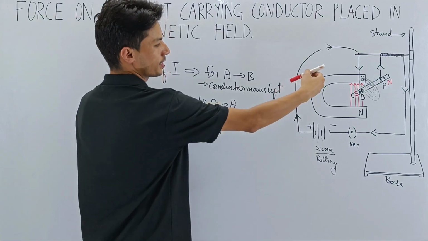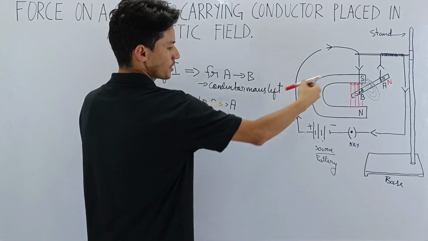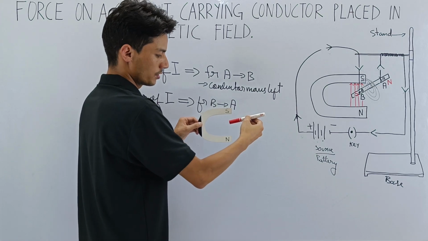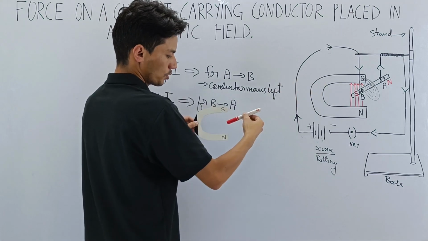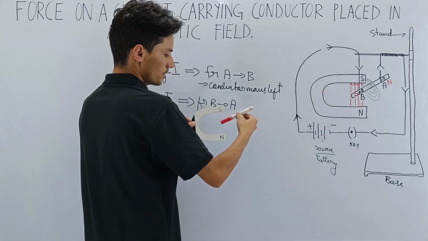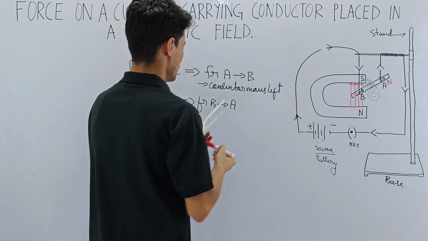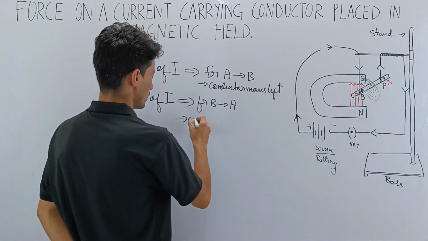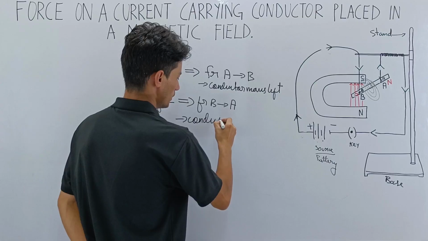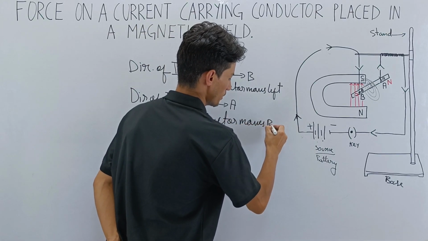Now it's moving towards our right because it is experiencing an opposite force, since we have changed the direction of current. Now this is repulsive force, so it's moving towards right. So now the conductor moves right.